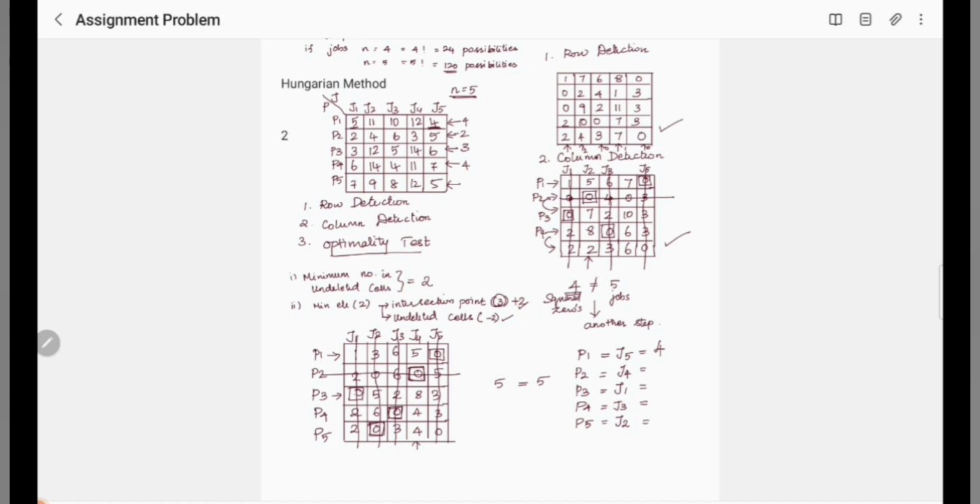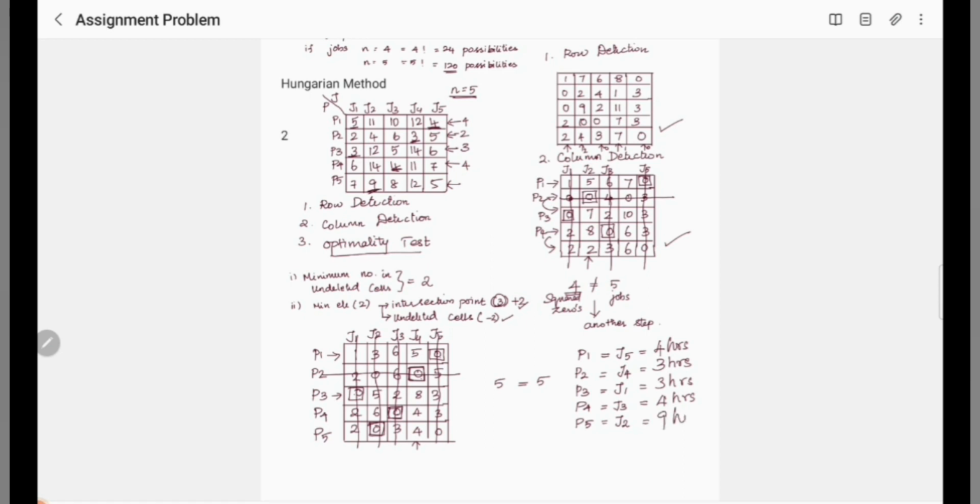Person 2 for doing job 4 takes 3 hours. Next, person 3 for doing job 1 takes exactly 3 hours. Person 4 for doing job 3 takes 4 hours. And person 5 for doing job 2 takes 9 hours.